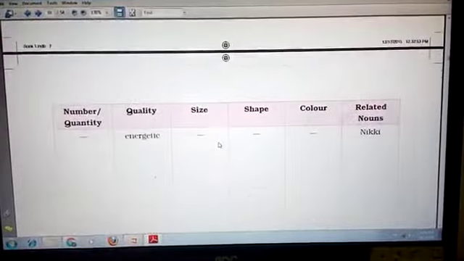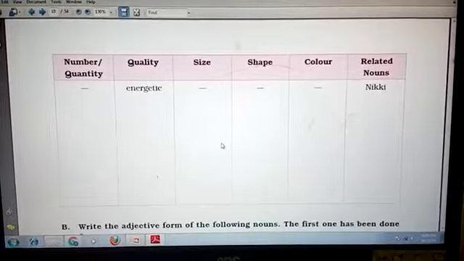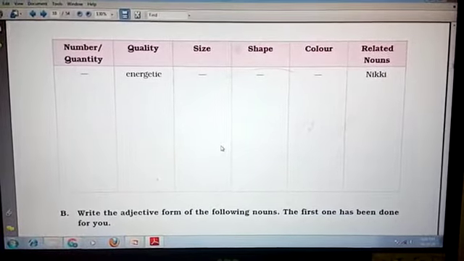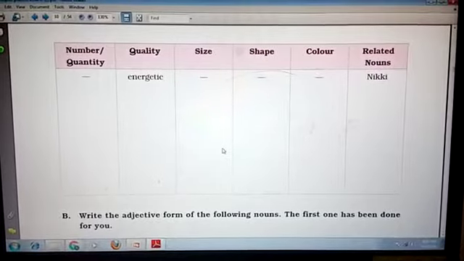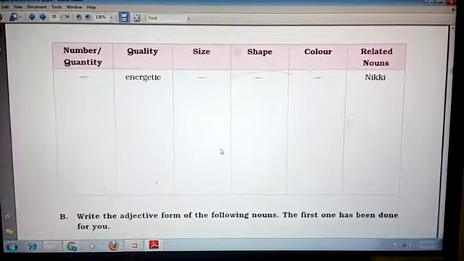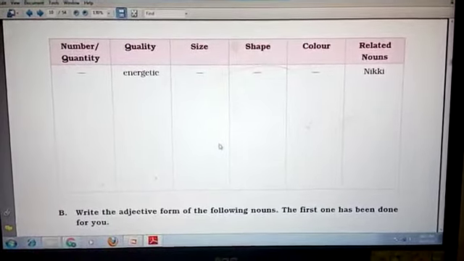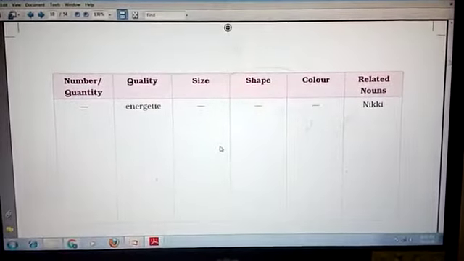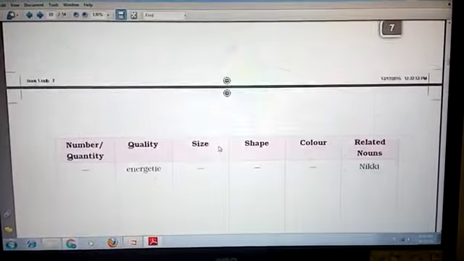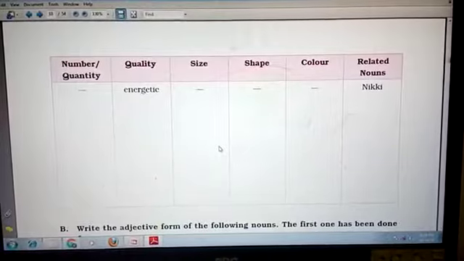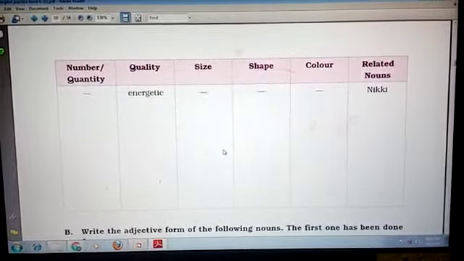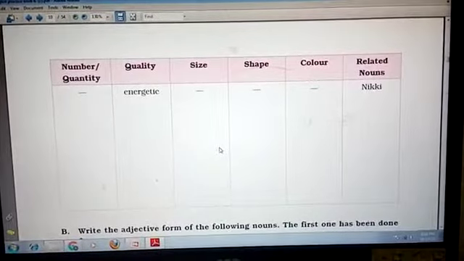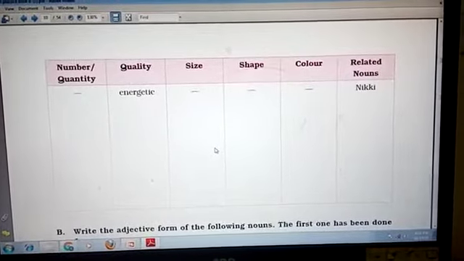Columns are given, see here, 1, 2, 3, 4, 5, 6 columns are there. In separate columns you have to write the adjectives, whatever it denotes, whether number or quantity or quality or size or shape or color or related nouns.